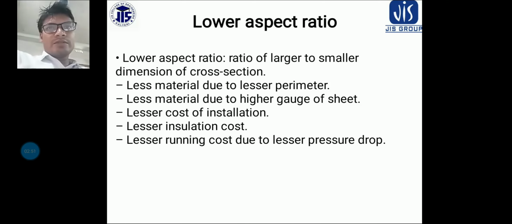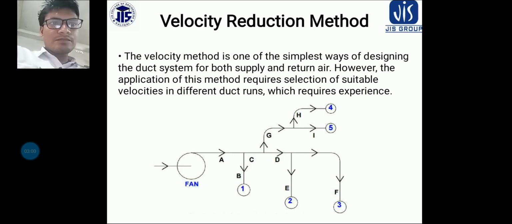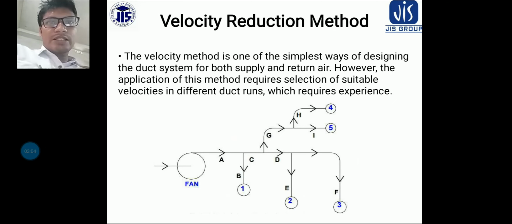Now today we will be discussing the duct material. The duct is usually made of materials like galvanized iron sheet metal, aluminum sheet metal, or black steel.